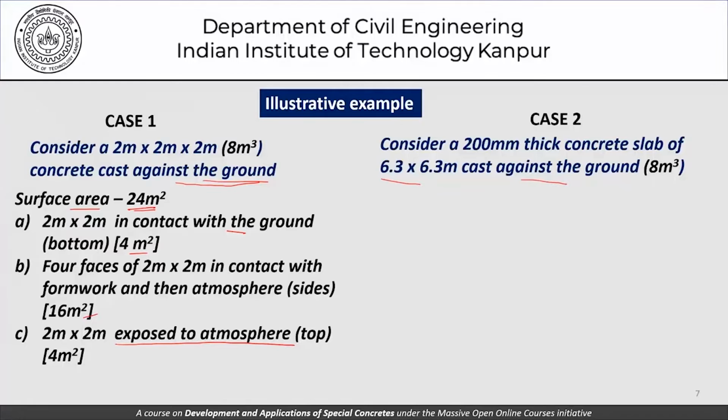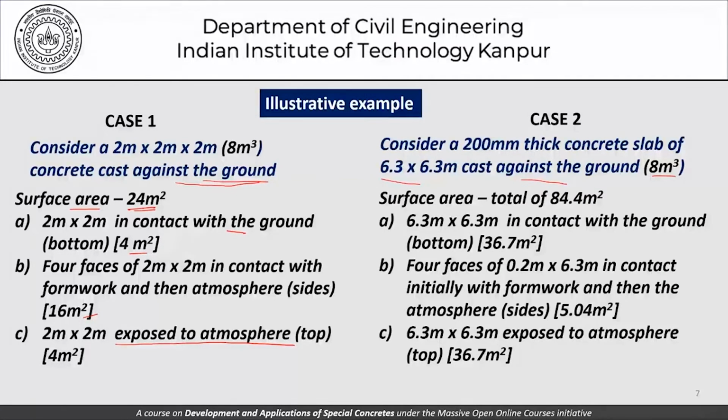Here also the dimensions have been so chosen that the total volume of concrete is still 8 cubic meters, and here we see that the total surface area is 84.4 square meters, that is 6.3 into 6.3 in contact with the ground, that's about 36.7. 4 faces which are quite small, 0.2 meters into 6.3 in contact initially with the formwork and then with the atmosphere, giving you a total surface area of about 5.04 square meters, and 6.3 into 6.3 exposed to the atmosphere, which is at the top.